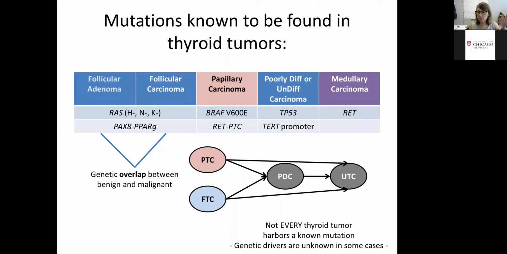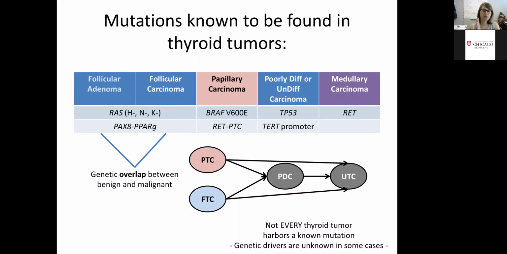These are the mutations that you're gonna be looking for. You're gonna be looking for mutations that are found in follicular neoplasms, i.e. RAS or PAX8-PPAR gamma rearrangements are the most common, but this is found in both benign and malignant follicular adenomas and follicular carcinomas. You're going to be looking specifically for BRAF V600E or RET-PTC rearrangements, which are specific to PTC.